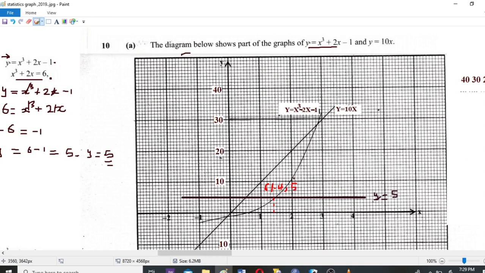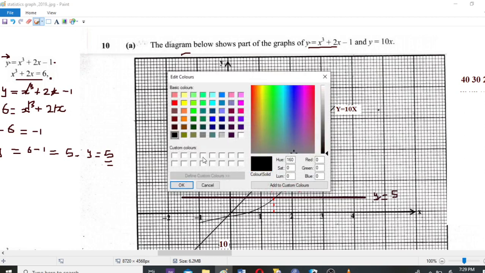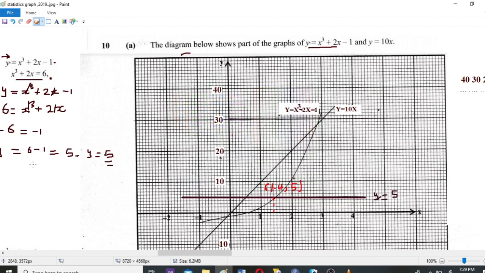Okay, so we can just write it here. We maintain the color, that's black. So the solution where this line is touching our curve is at 1.4, comma 5. Okay, so that's it.